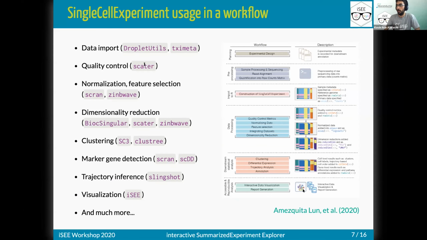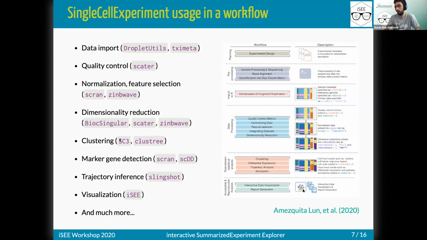Scater uses the container to store quality metrics on the columns and the rows. For normalization, scran and ZINB-WaVE add extra information in the various slots, including normalized data. For dimensionality reduction, scater has some wrapper functions, and ZINB-WaVE populates the reduced dimension slot.